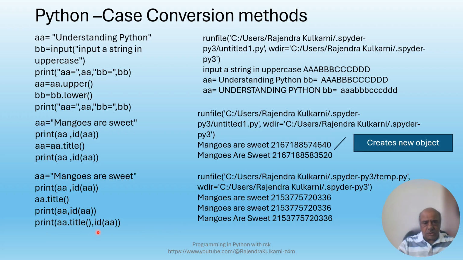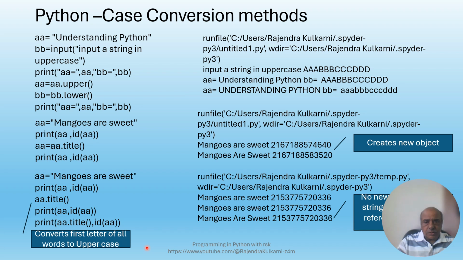Once this print A.title and ID of A statement is executed, that temporary object created by A.title is not useful anymore, so it goes for garbage collection of Python.